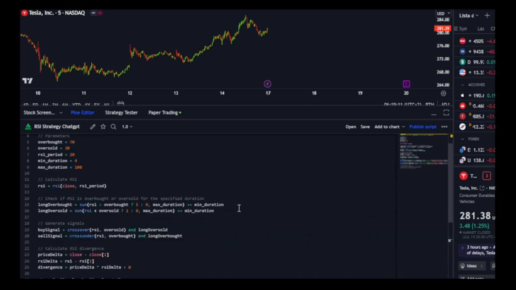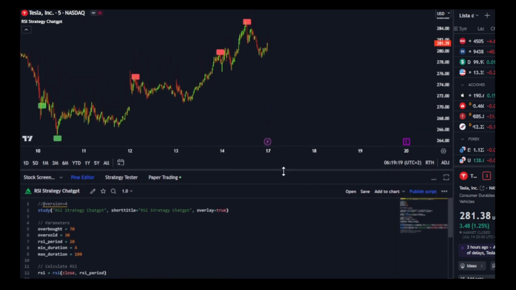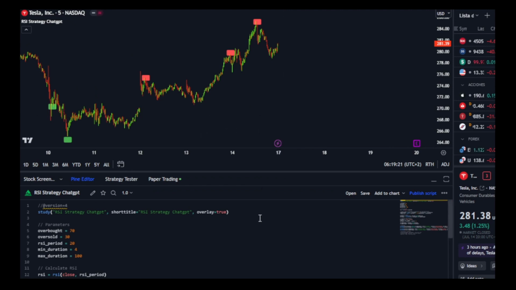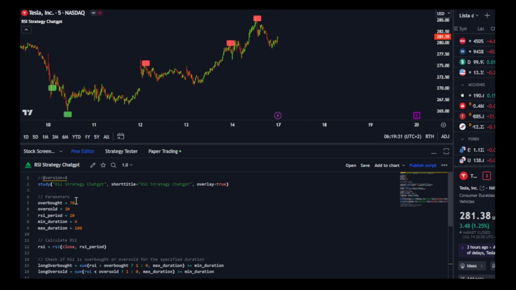And then we have to press where it says Add to chart. And as we can see, it is already added to the chart. For today's strategy, we have used these parameters in the script code. But if you want, you can modify them according to your preference. And then we select Update on the chart.